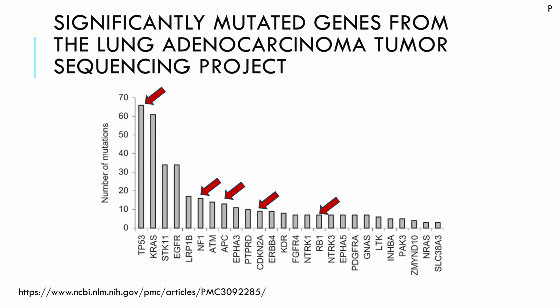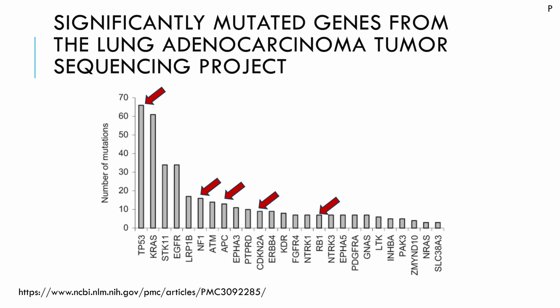If you just take a look at the significantly mutated genes from lung adenocarcinomas, again, adenocarcinomas are related to non-small cell lung carcinomas. You look at the total frequency, and what I've done here is use red arrows to indicate tumor suppressors. And you see that the number one mutated gene is a tumor suppressor.